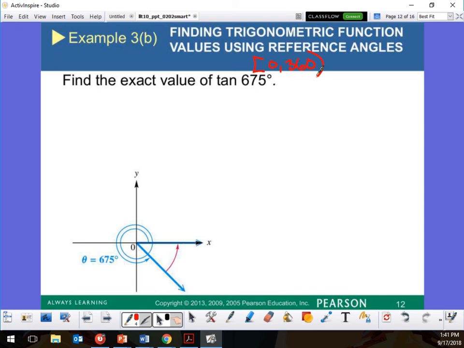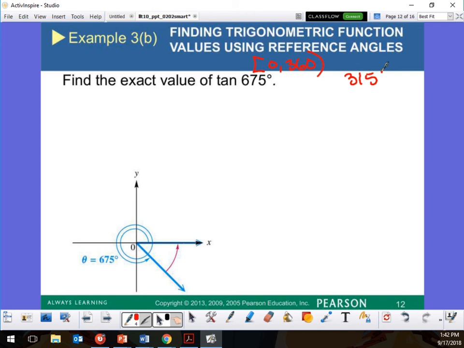Subtract your 360s. 675 minus 360 gives 315. Then you subtract 360 from 315.